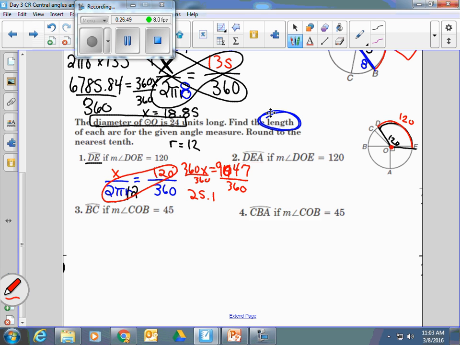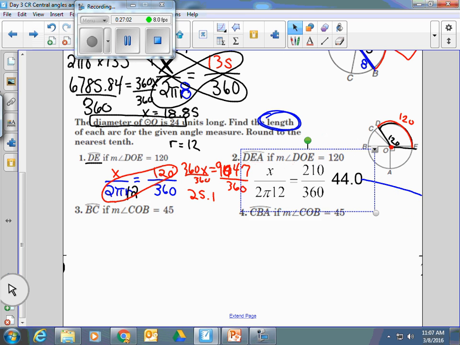How many of you had it right? Good. All right, so I'm going to come around and help. On number 2, did you set it up as x over 2 pi 12, 210 over 360, and you got 44? Okay.